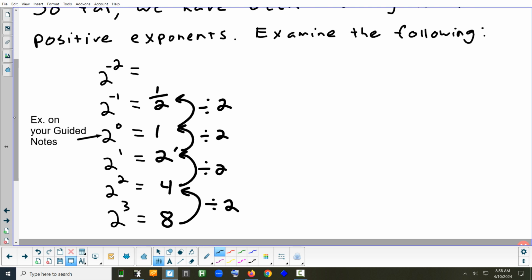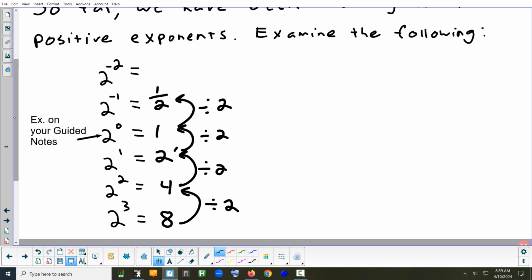And what kind of exponent did we have originally? What was the problem that we had originally on that one? 2 to the power negative 1.